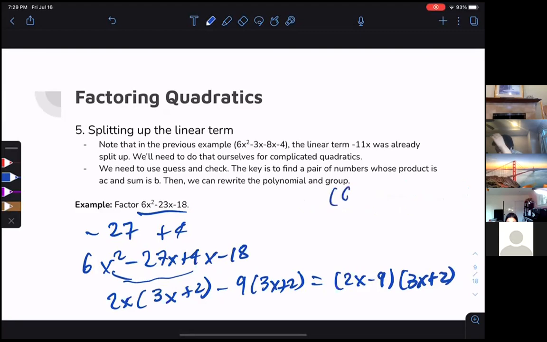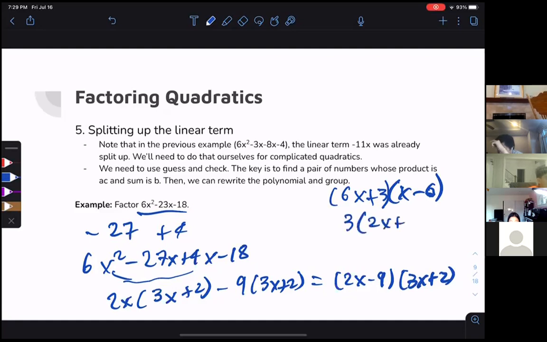Actually, I wrote 6x plus 3 times x minus 6, right? Well, you actually know not to try this, because in 6x plus 3, you can factor 3 out. And clearly you can't factor 3 out of this negative 23x here, so that's not going to cut it. So you can just eliminate these factorizations.